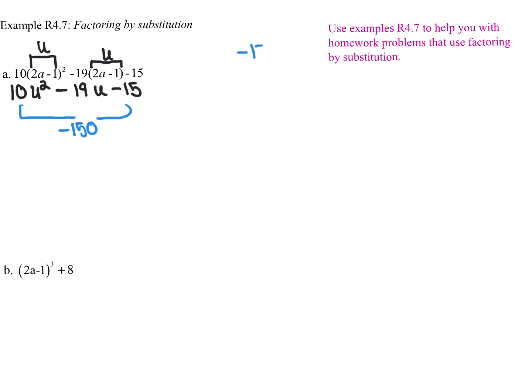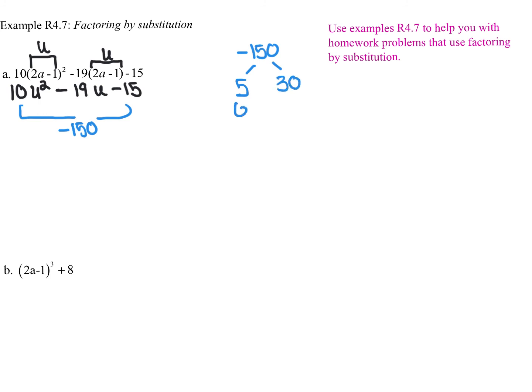And then if I do negative 150 and I list the factors, it's not going to be 1 and 150, 2 and 75 is too small, 3 and 50 is too small, 4 doesn't go in evenly, 5 and 30 doesn't work.